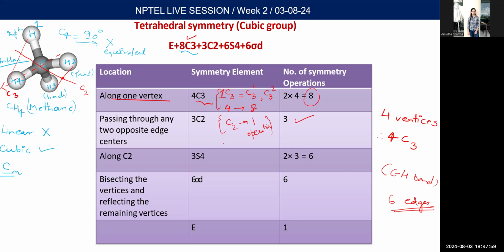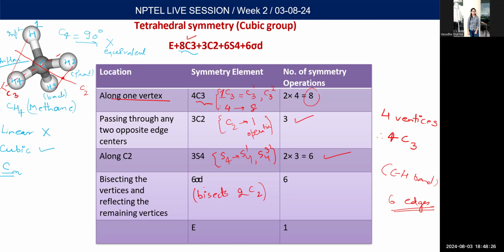Along with C2, we will also have S4. And we know that one S4 gives you the symmetry operations S4^1 and S4^3, which is 2. Therefore, there are 6 S4s. And when we have C2s, bisecting two C2s we would have a sigma d. So they bisect two C2s, and that is called a sigma d.